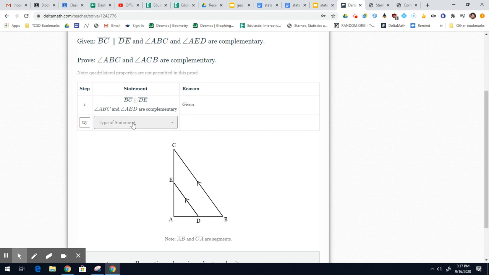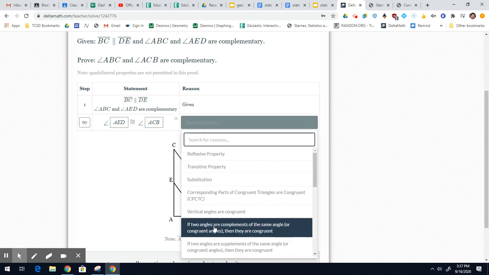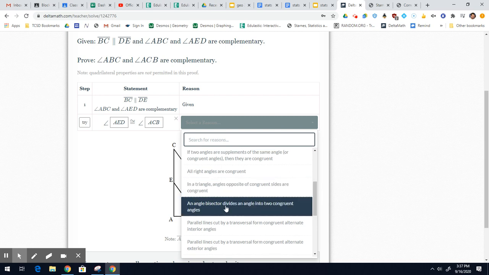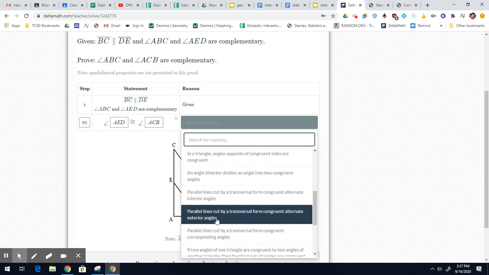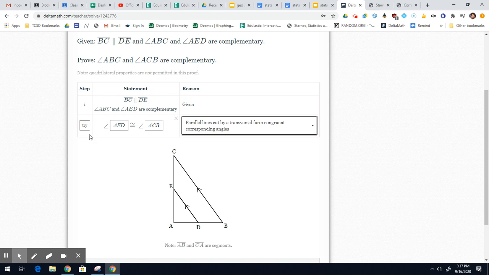Because these lines are parallel, I think we have more congruent angles. I think that angle AED, so this angle here, is congruent to angle ACB. And that's because these lines are parallel and we have congruent corresponding angles. Parallel lines form congruent corresponding angles.